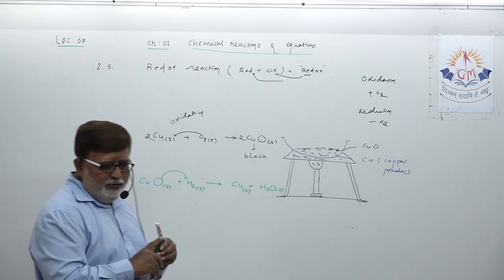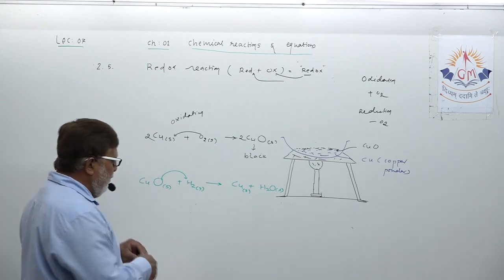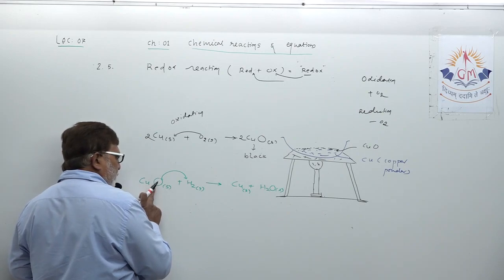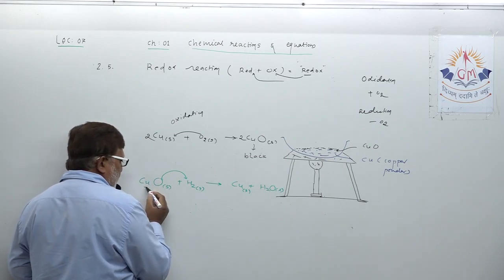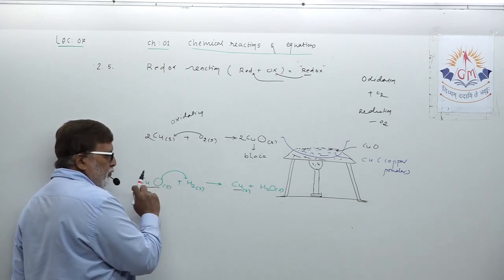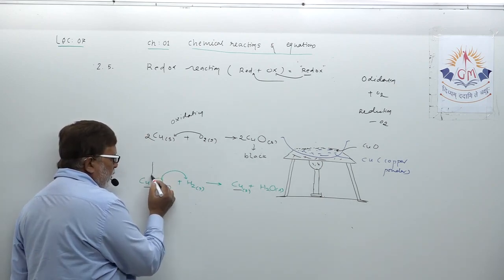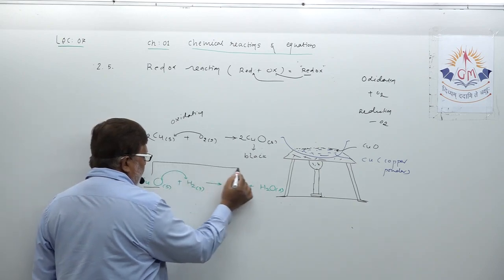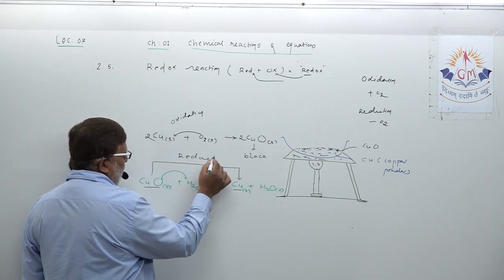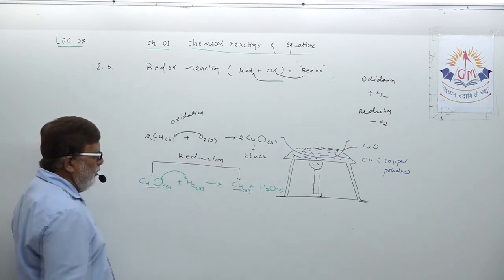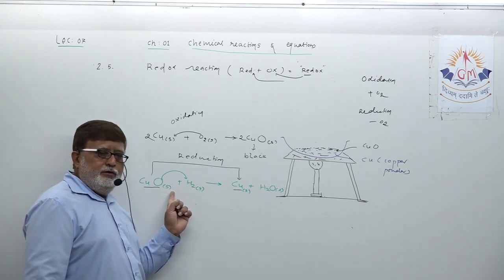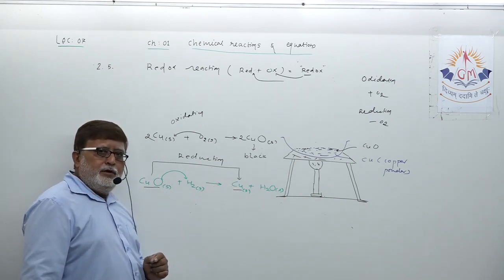So what happened, dear student, in this chemical reaction? From copper oxide, oxygen is removed, so can I call it a reduction reaction? Why not? Because in this reaction oxygen is removed, and copper oxide is converted into copper.